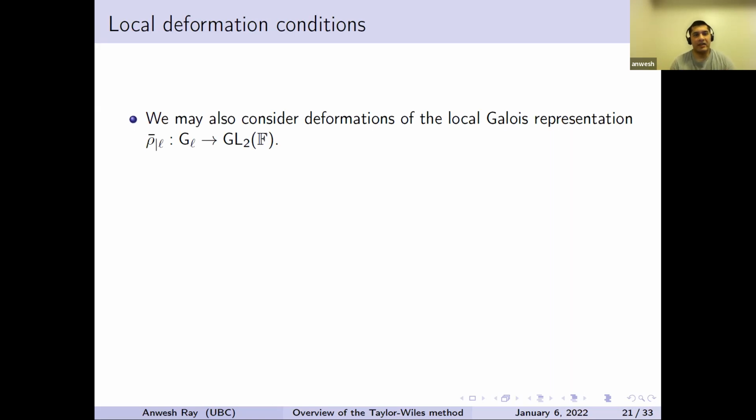They have to be finitely ramified, etc. So we have to additionally impose some more conditions at every single prime. This is where we bring in local deformation conditions. Remember, rho-bar_L is the restriction of rho-bar to the local decomposition group G_L.